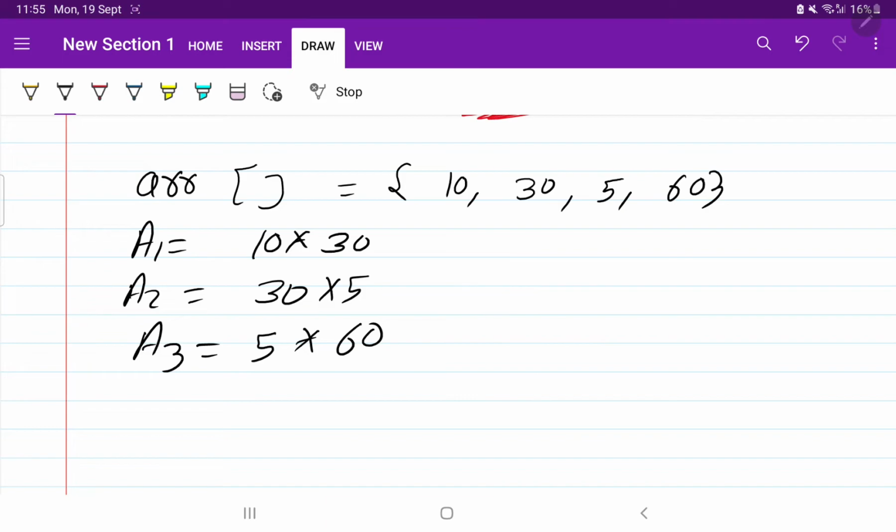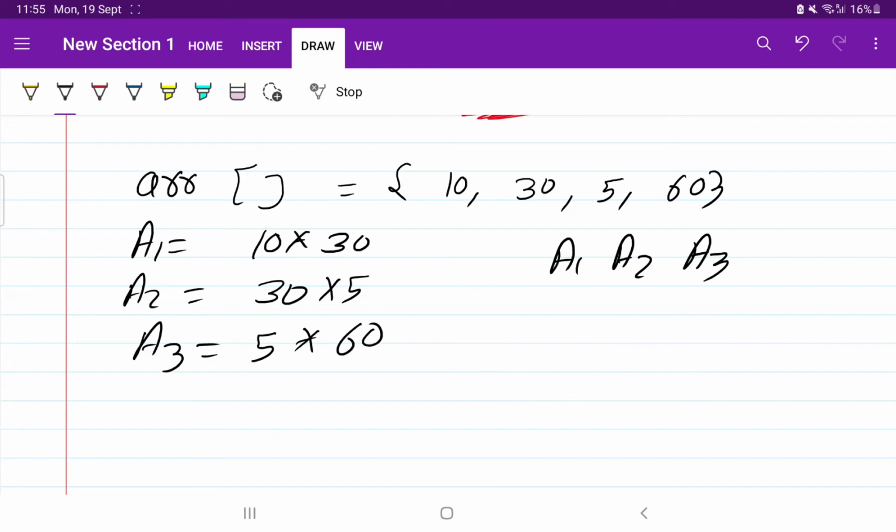I haven't even told you the question, I just showed you some observations. So the question is like this: there are 3 possible matrices. You need to multiply in such a way that you can minimize the cost.